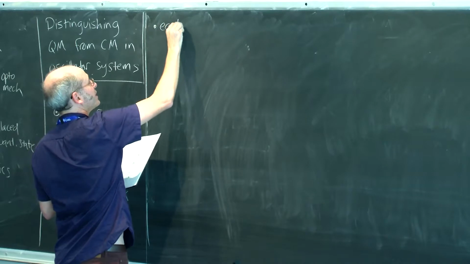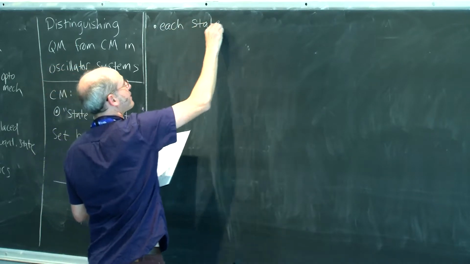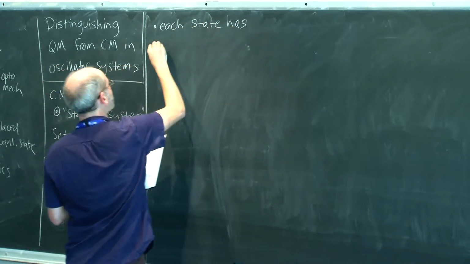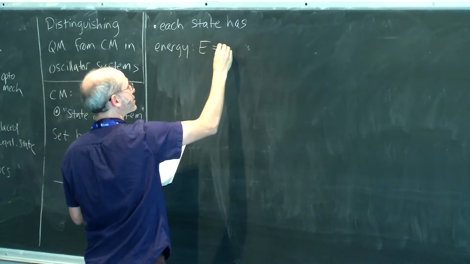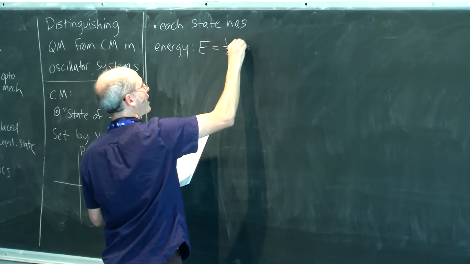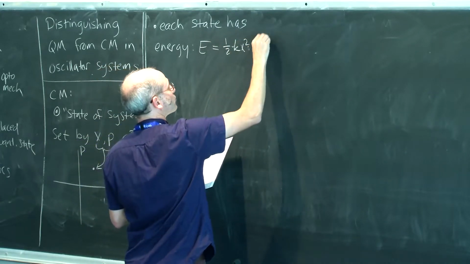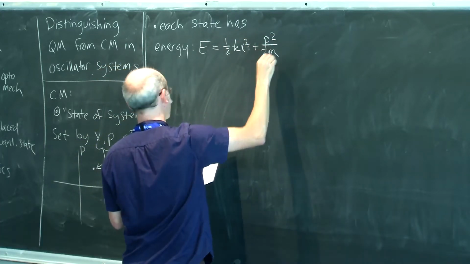In this description, each state has a definite energy, which, if I keep units along, is just the potential energy, 1/2 kx squared, plus the kinetic energy, p squared over 2m.